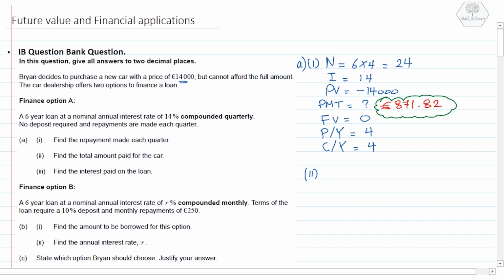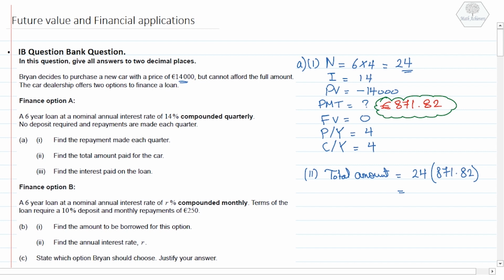Already we have that the number of payments is 24, right? So the total amount is simply equal to the number of payments, which is 24, times 1 payment, which is 871.82.